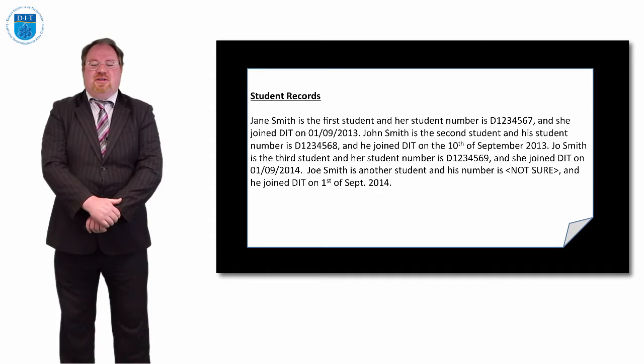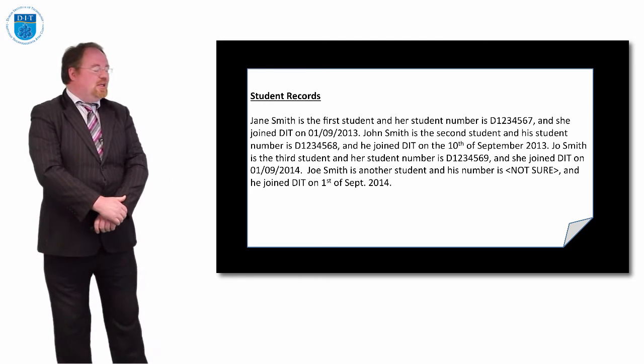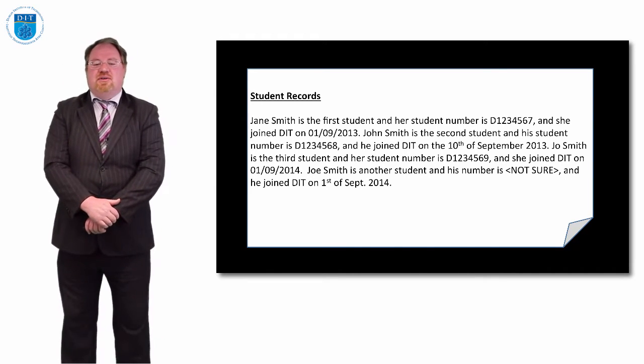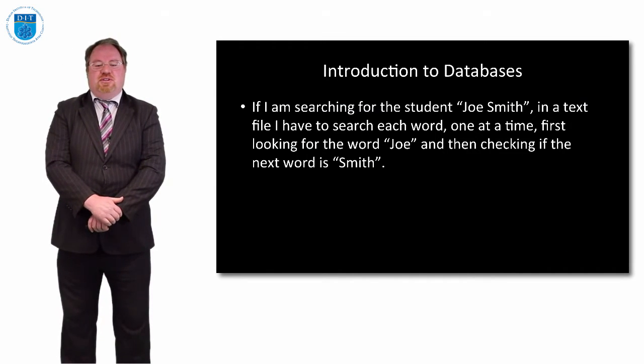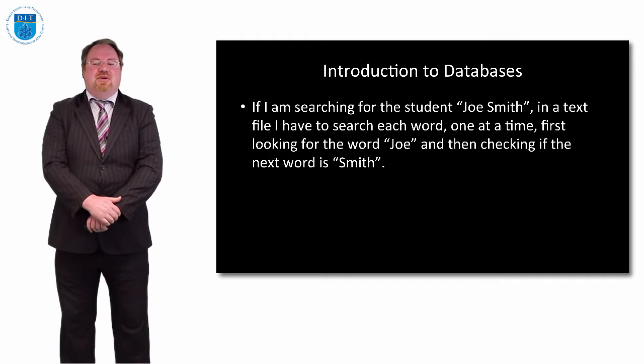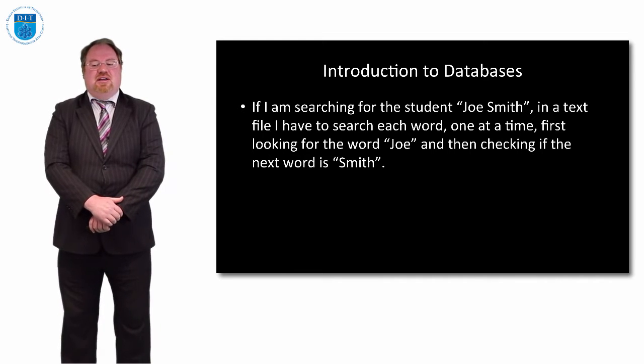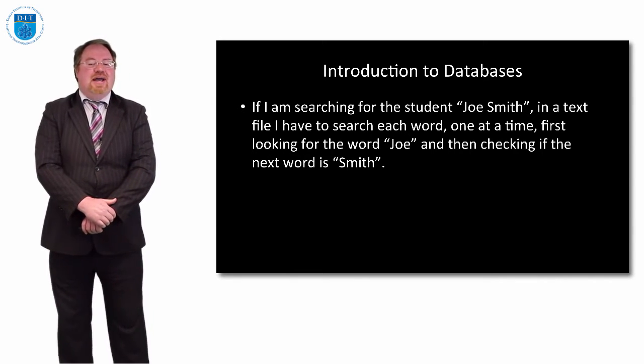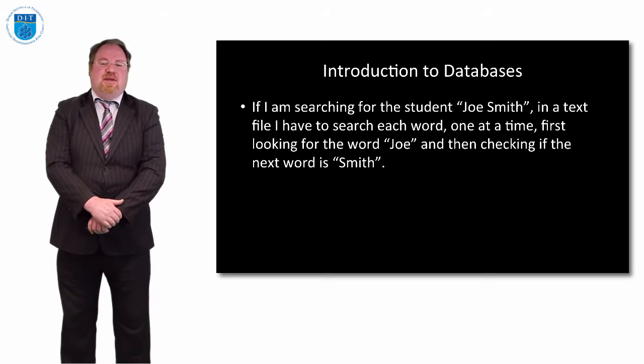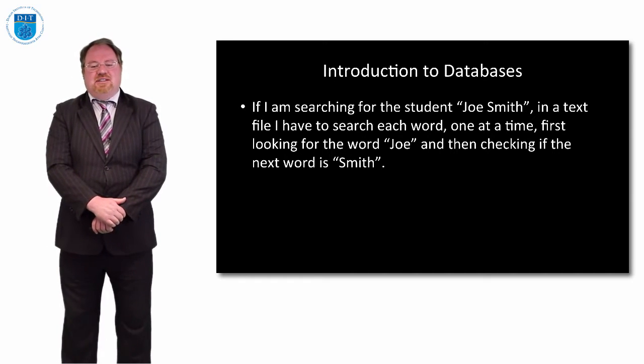We can see that the information is all there that we need about the students, but it's possibly a bit awkwardly structured. So let's think about it. If I have to search for the name Joe Smith, so if I want to find out when Joe Smith joined, Joe with an E, I'm going to write a program to probably look at one character at a time. If I find the character J, then I'll look if the next letter is O, and if the next letter is E, and then the next is space, the next is SMITH.